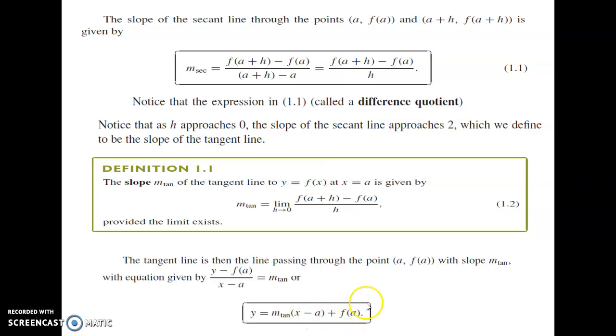This (a, f(a)) is the point it passes through. The tangent line is the line passing through, that means it cuts the graph at this point. So these are three formulas to remember: the slope of the secant line, the slope of the tangent line, and the equation of the tangent line.